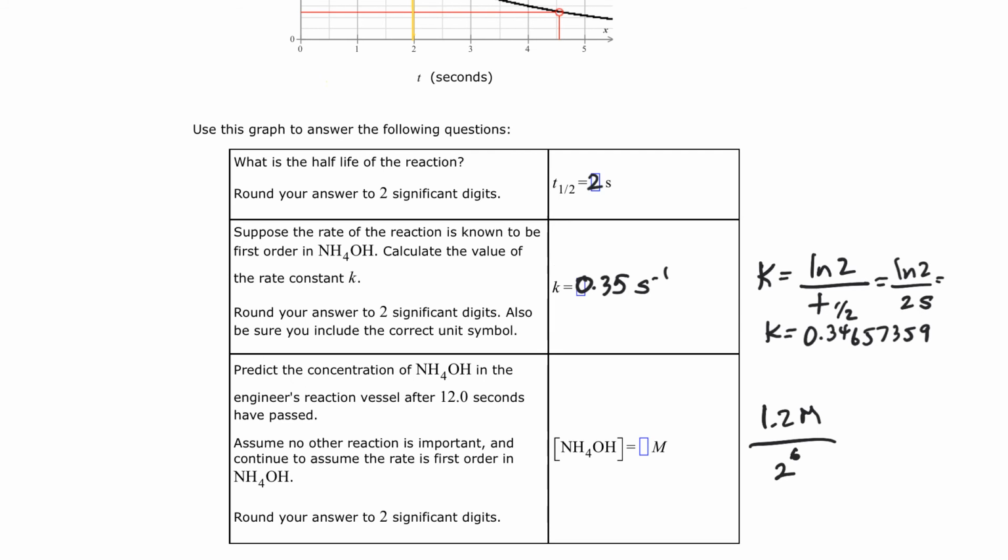So 2 to the 6 is 64, and so you're actually dividing 1.2 divided by 64, and you're going to end up with 0.01875 molar, and we rounded to 2 significant digits, so this is going to be 0.019 molar. Okay, so not as scary as you thought. You do have the formula that you have to write down. Make sure you put that in your notes in case you ask a question like this again.